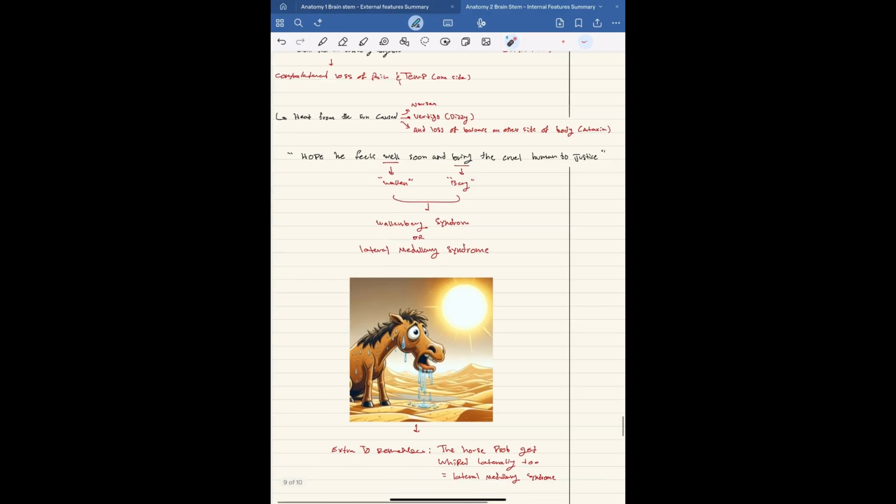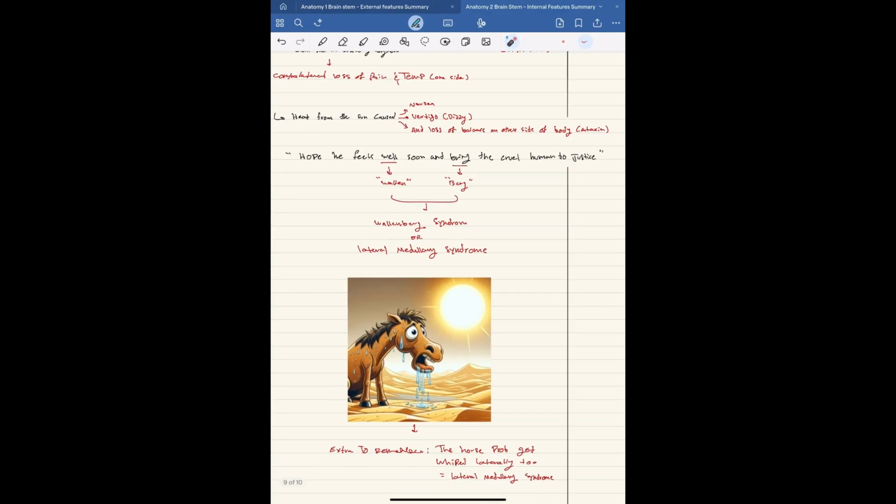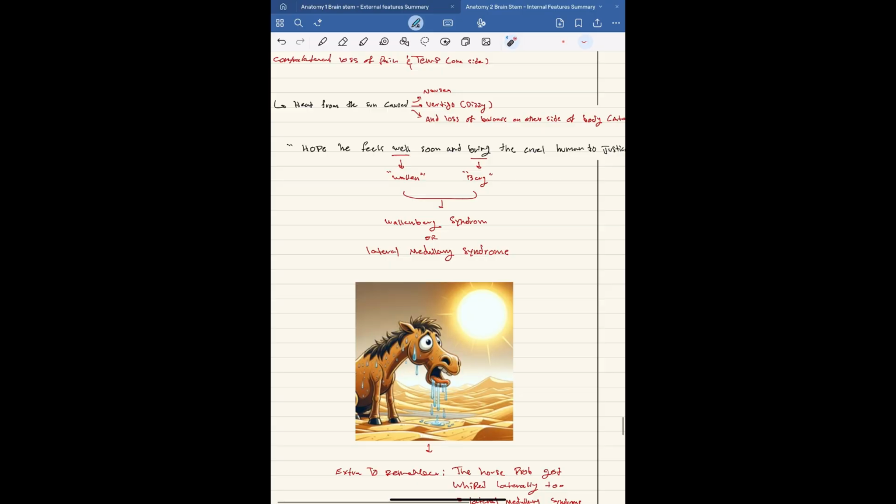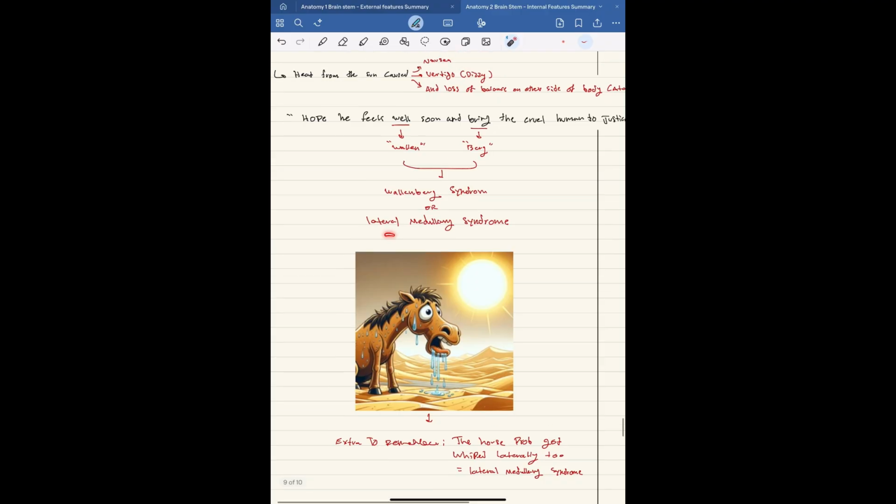Okay, finally, I just tell myself, I hope he feels well soon and bring the cruel human to justice. Basically, Wallen and Berg. So I remember the syndrome itself, Wallenberg syndrome, or lateral medullary syndrome.